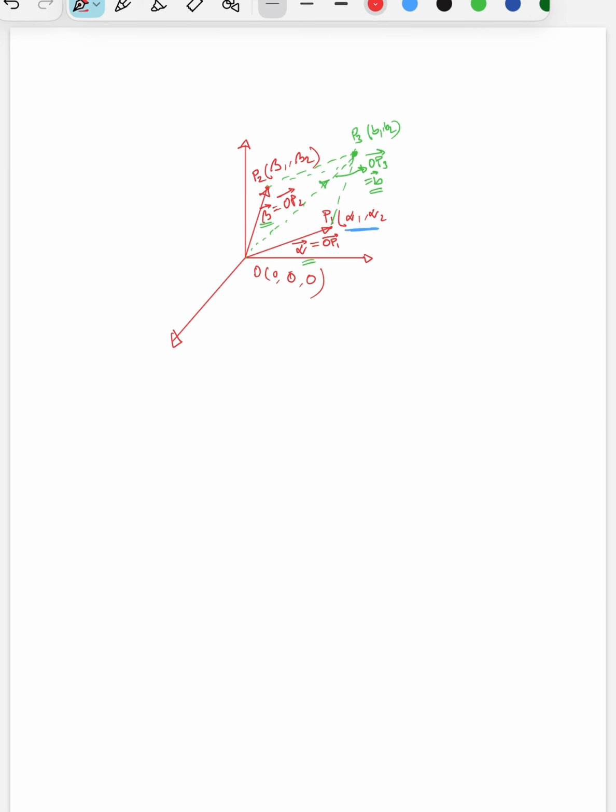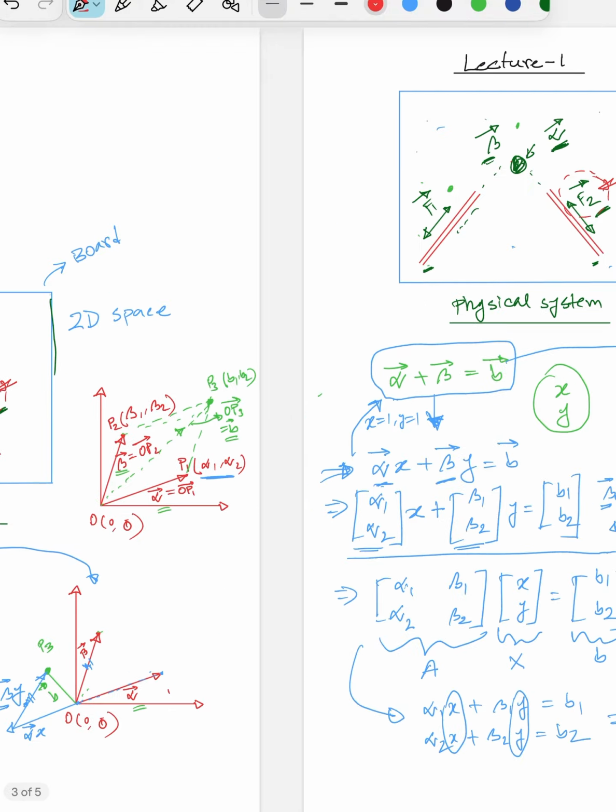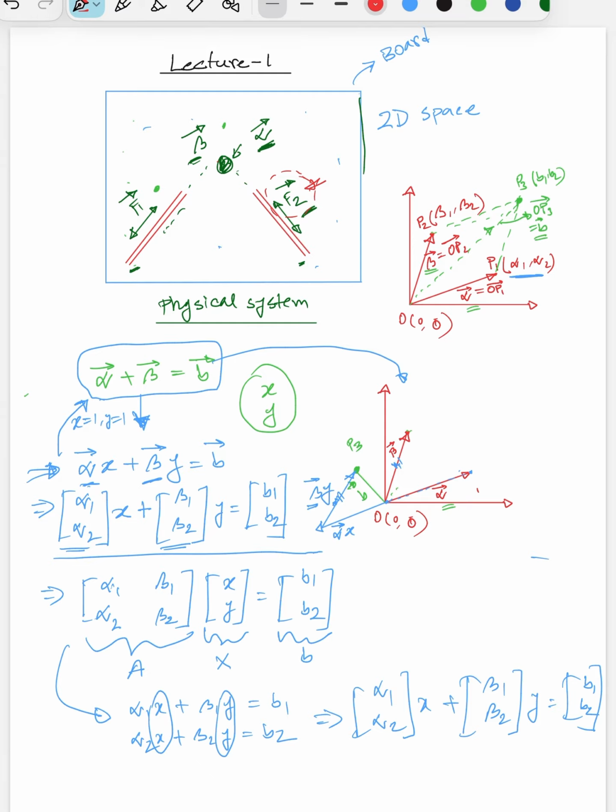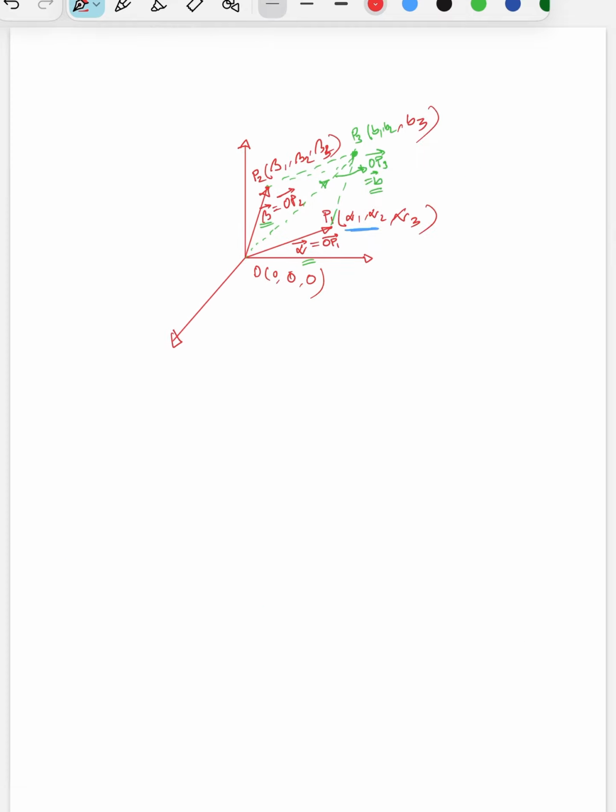In that case, it would have been alpha 1, alpha 2, alpha 3, beta 1, beta 2, beta 3, and b1, b2, b3. Even though it's a two-dimensional thing, we can consider the same thing as 3-dimensional. On the same physical system, this is a 2-dimensional thing, but we can also add a third dimension. Only the third components, alpha 3, beta 3 and b3, are all going to be 0. But if it's not 0, if it's a 3-dimensional thing, then we can describe that the same way.